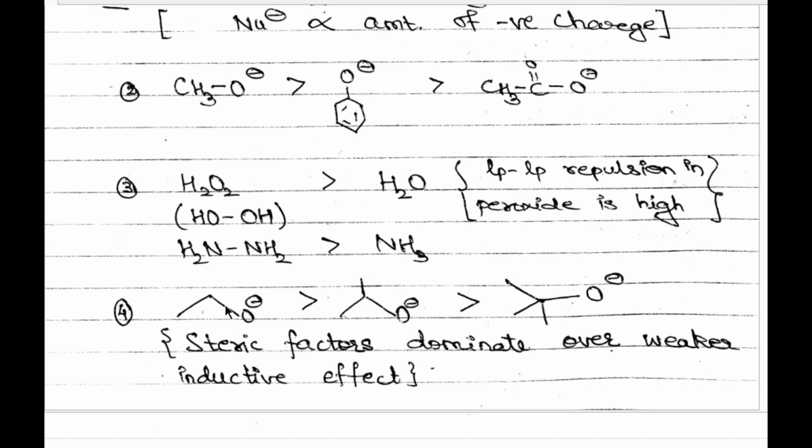So here ethoxide would be a better nucleophile than isopropoxide than tert-butoxide. But in terms of basic strength, tert-butoxide would be a very strong base as compared to isopropoxide as compared to ethoxide. So in this example, nucleophilicity doesn't parallel basicity.